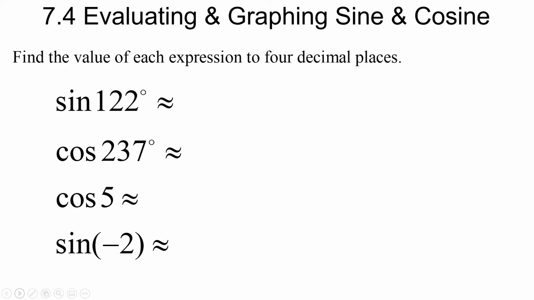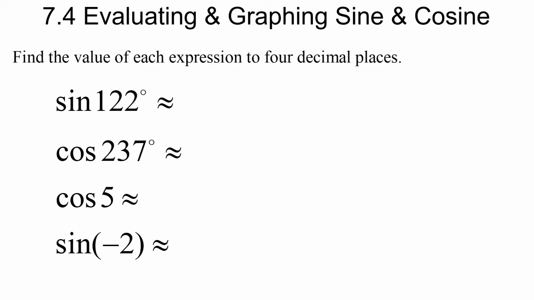Now my calculator is in degree mode, so I can punch out sine of 122 right on my calculator, and my calculator is going to know that that 122 degree angle is in degrees. So I just go sine of 122. My calculator's not going to show me the degrees, it just shows me the 122.